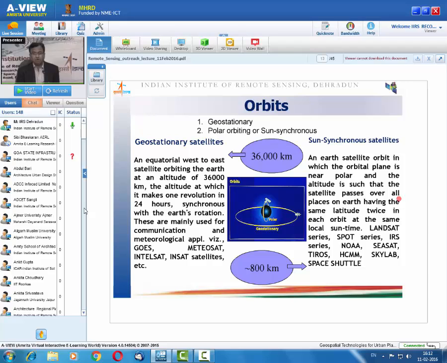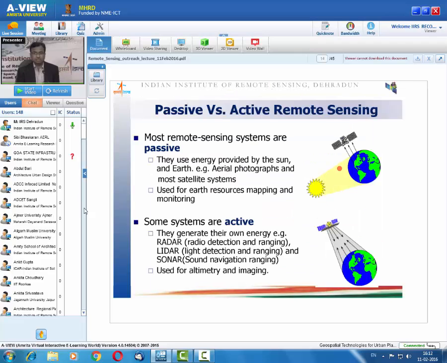We have several remote sensing satellites which are sun synchronous, for example Landsat, SPOT, IRS series, NOAA, CARTOSAT, TIROS, and so forth, where IRS stands for Indian Remote Sensing Satellite series.